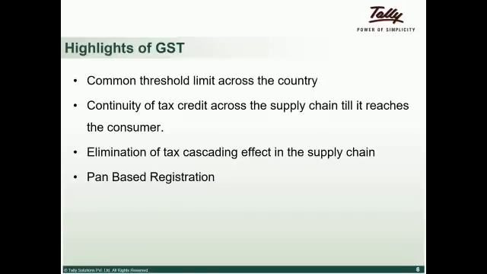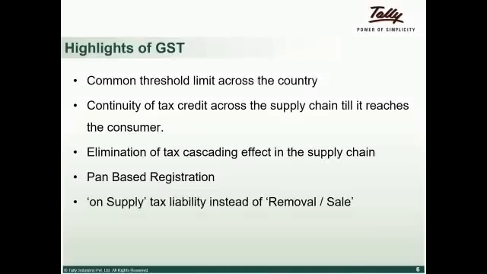Under the current regime, I can have 4 different registrations under VAT and still need not be covered under VAT. But under GST, in the same scenario, each company is not crossing the threshold limit, but irrespective of the company I am running, it is aggregated to my PAN. My PAN is a single PAN. When I take the aggregate turnover of all 4 companies for the year, it comes to 21 lakhs. So now I have to register all 4 businesses under GST. That's what we say about PAN-based registration.